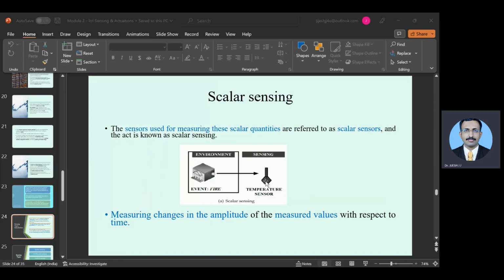Okay, so measuring the change. You might have seen a digital thermometer for measuring fever. So how is it changing? What will it take? It will measure the changes in the amplitude and measure the values with respect to time.